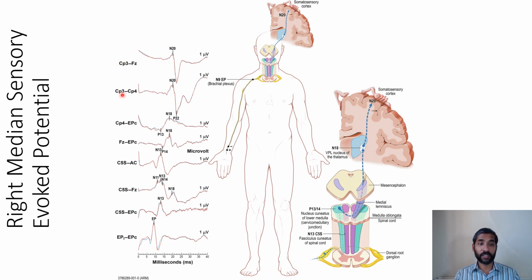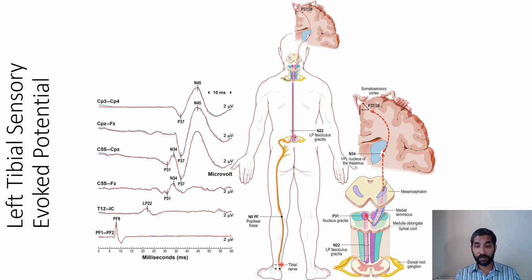Depending on which electrodes you're recording from, you get different kinds of shapes. Similarly, you could also do a tibial nerve stimulation, and then you get slightly different shapes on the different electrodes that you're recording the EEG from.